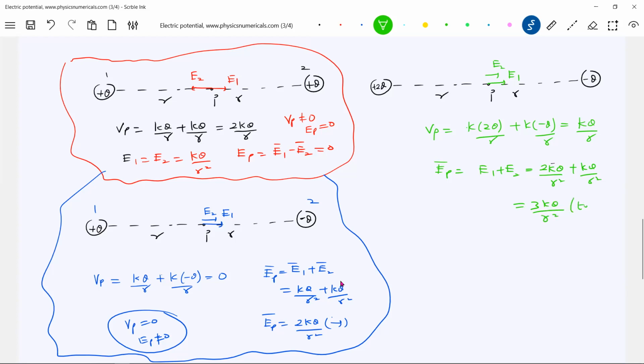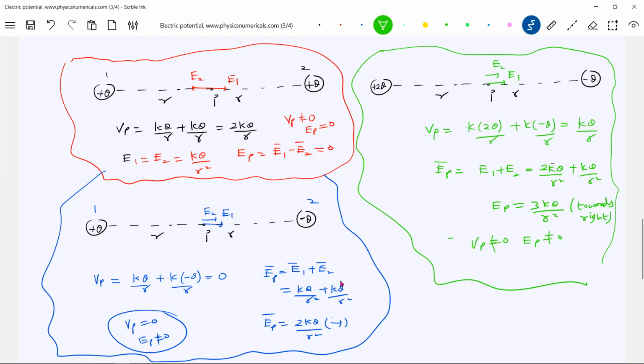So there's a field towards right. Both are non-zero. Fine. So all possibilities are there.